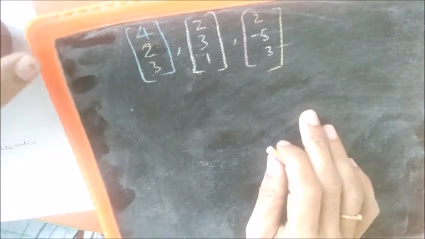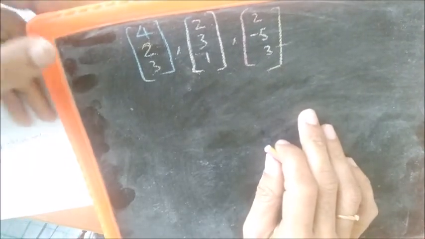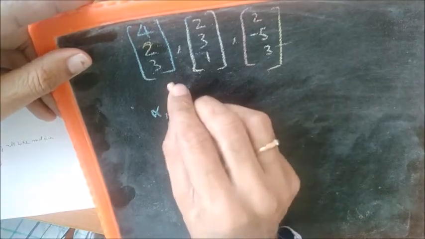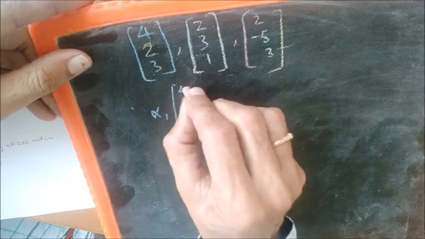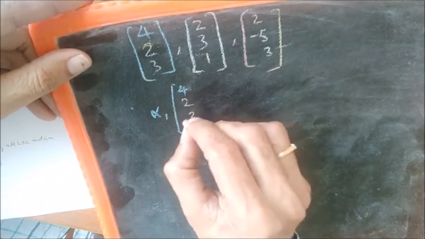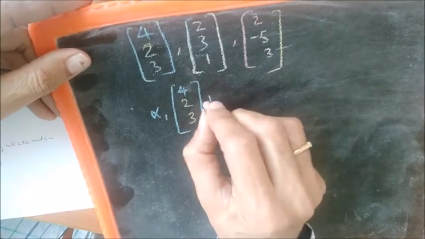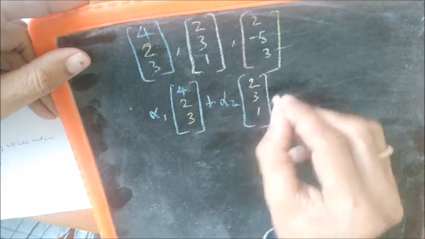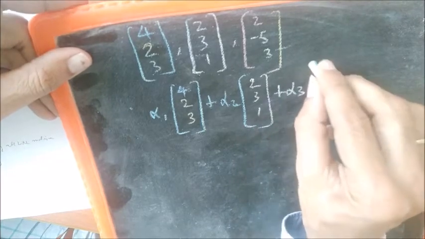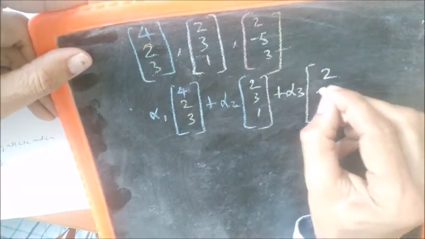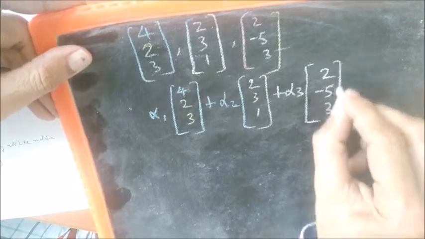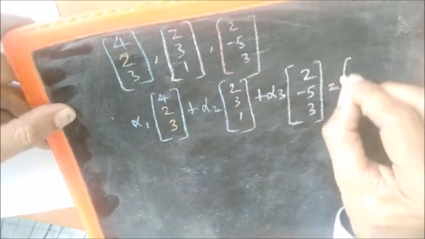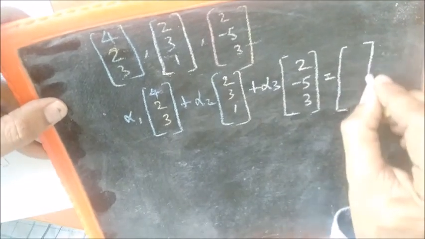So we know that if they are linearly independent, we should not be able to linearly combine them the way I have written it here.